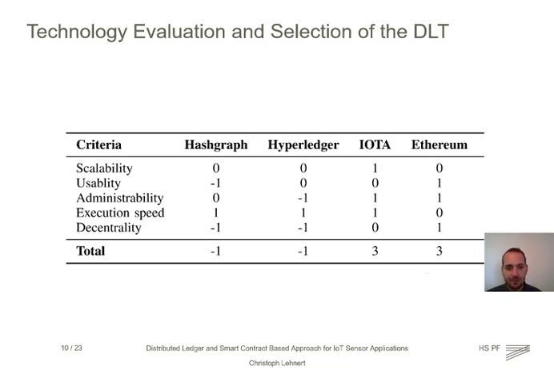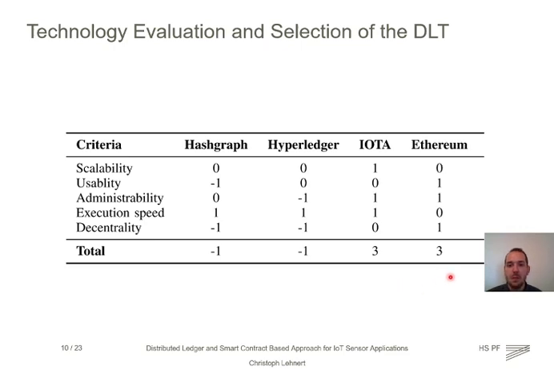evaluated. In summary and in total, the results show that Ethereum, as a representative of the blockchain technology, and IOTA as a representative of the Tangle are the most suitable for this purpose.